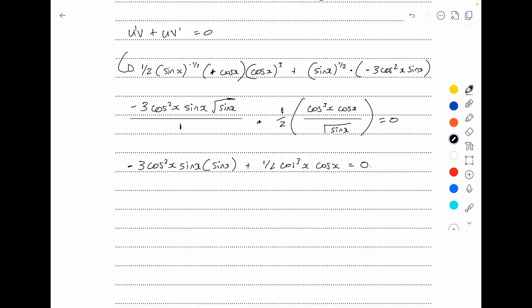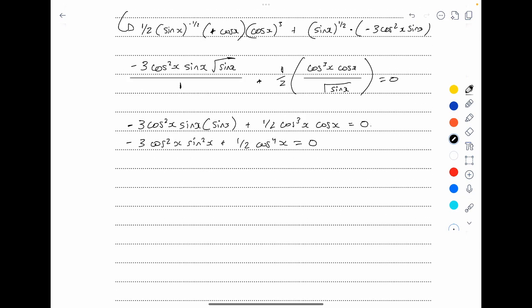Now we can simplify this even more. If we simplify this, we get negative 3 cos squared x sine squared x, that's a half cos 4x equals 0.